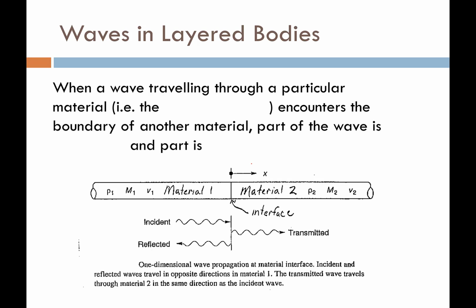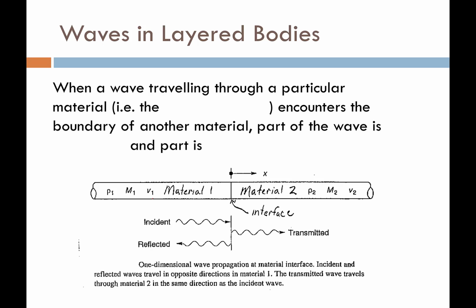So now that you're prepared in some of the basics of waves traveling through a single type of material, a homogeneous material, what happens when waves travel through two different materials? So in other words, half of our rod is comprised of material 1 that has these properties of mass density, modulus, and propagation velocity for that material.